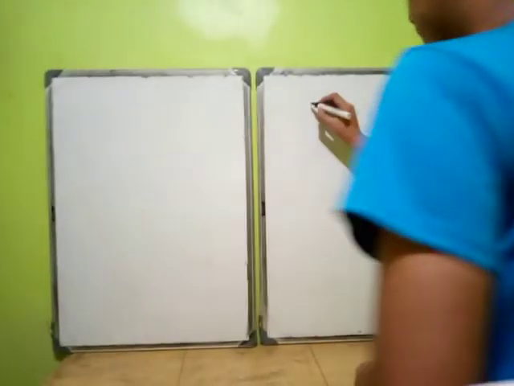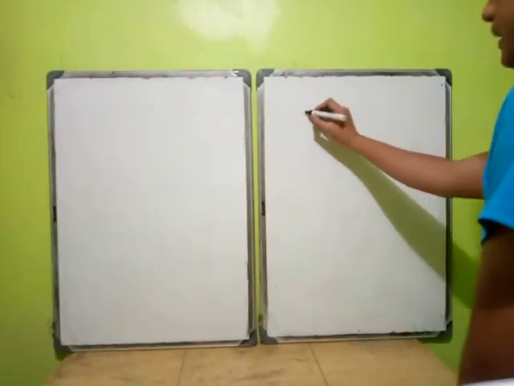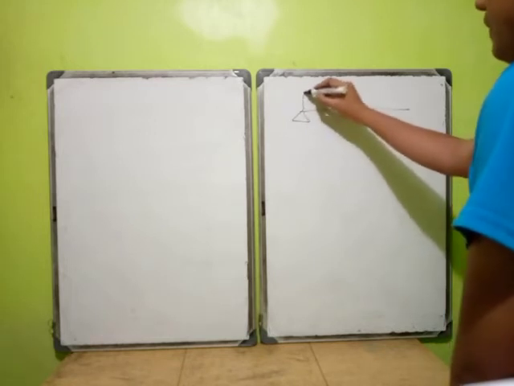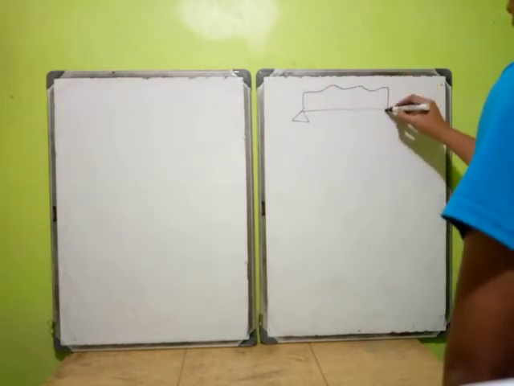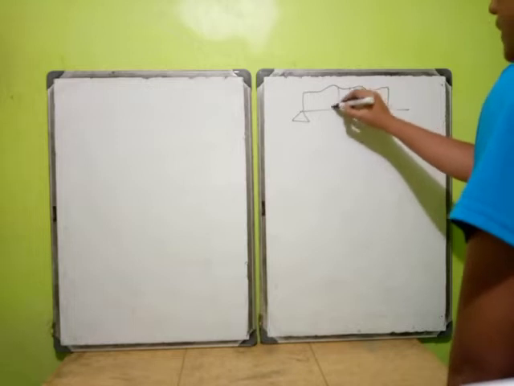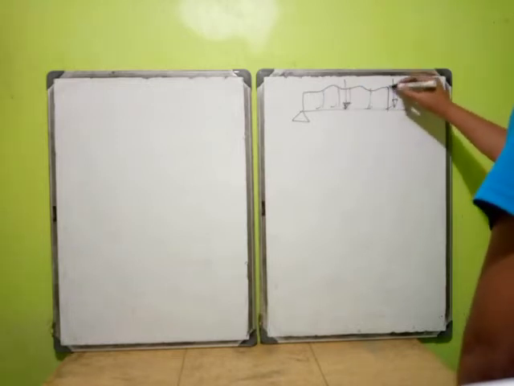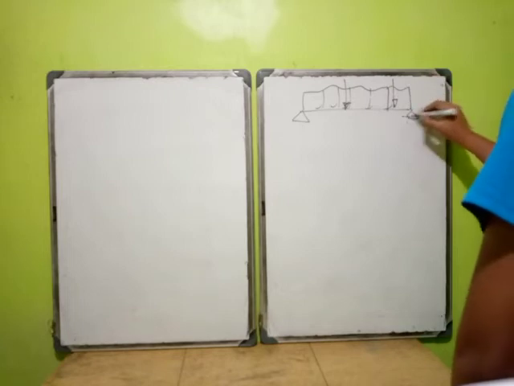So given that you have a beam, example, dito natin siguro ilagay yung beam. Let us say ito yung beam natin. And then meron siyang mga loads dyan. It's either distributed or point loads.